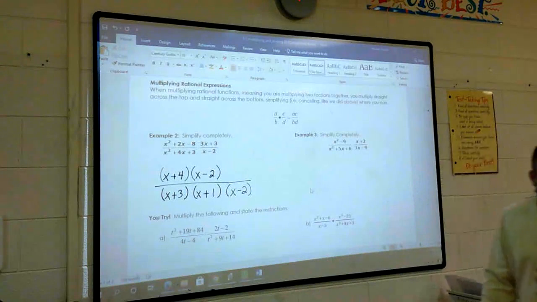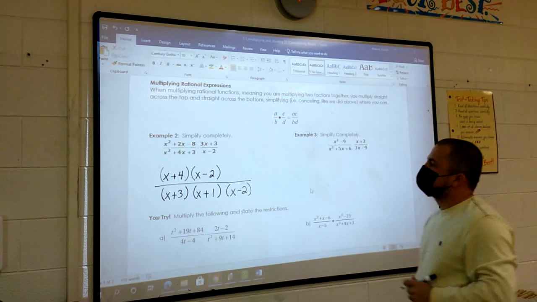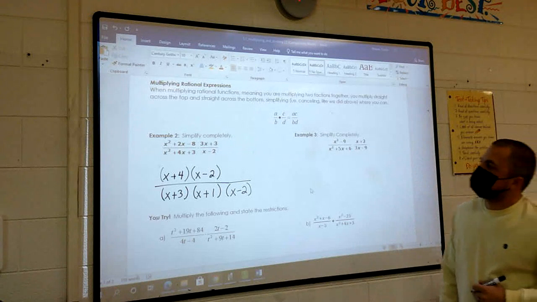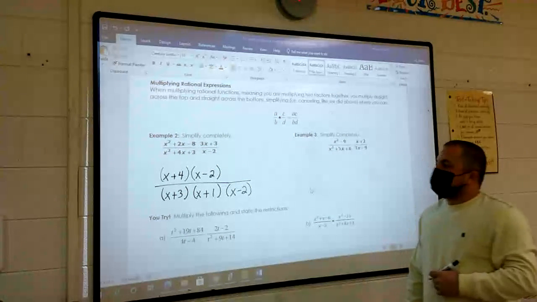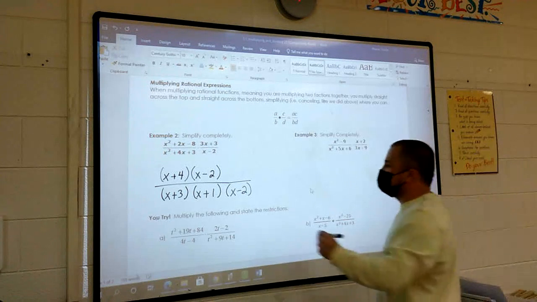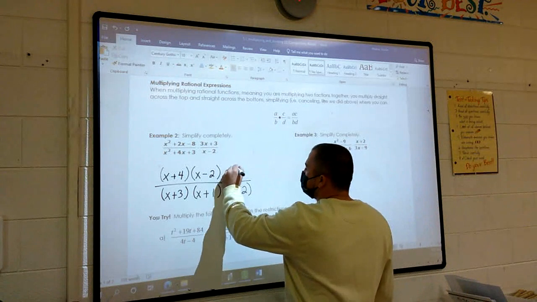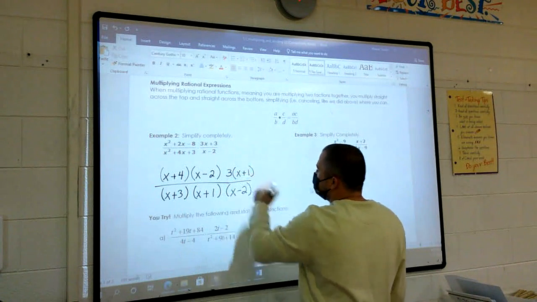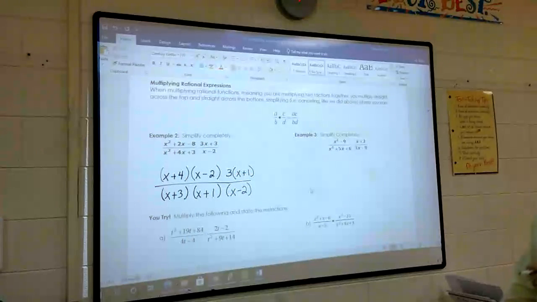There's nothing you can do there. And then that last one, 3x plus 3. What can you do to 3x plus 3? Greatest common factor. So they both have a 3, so you can take a 3 out and then write what's left. That would be x plus 1.